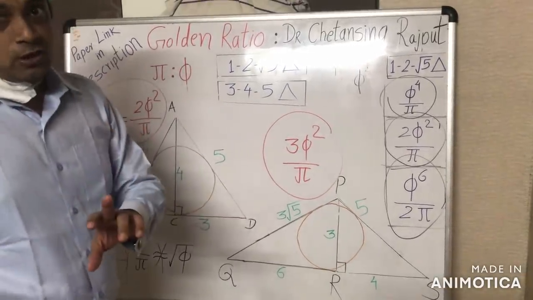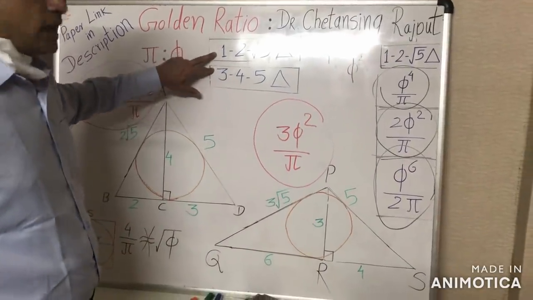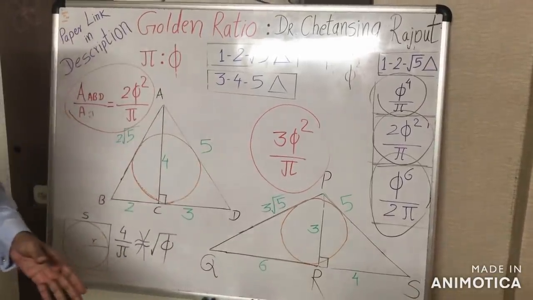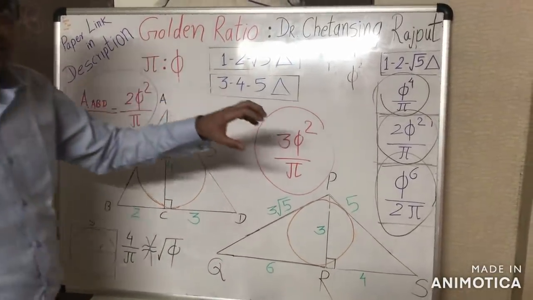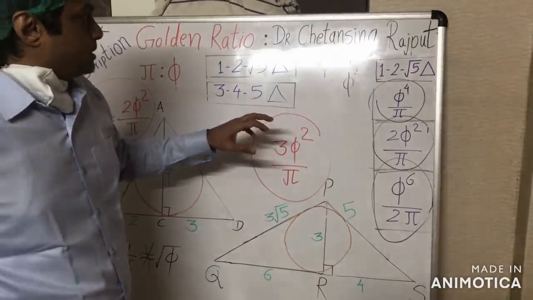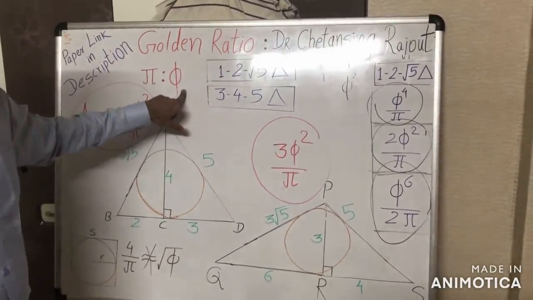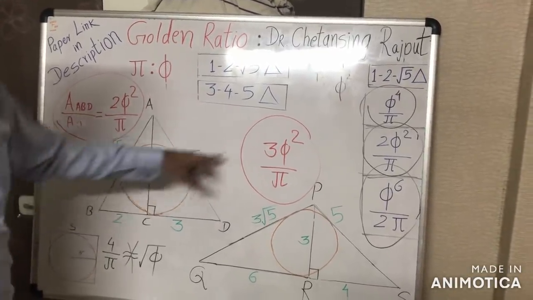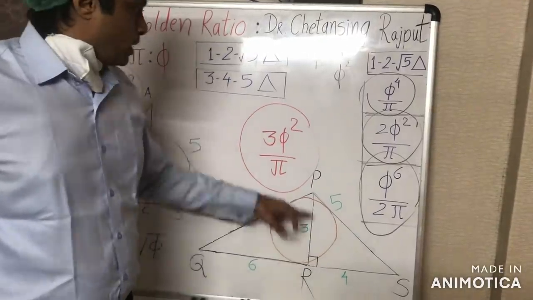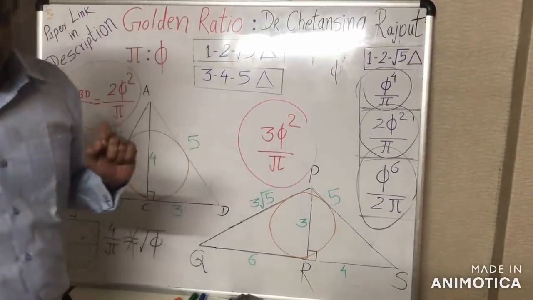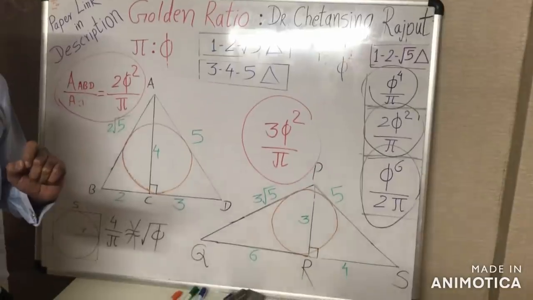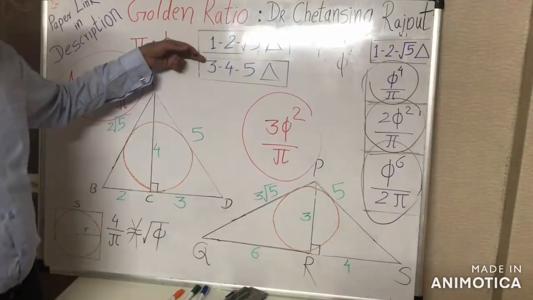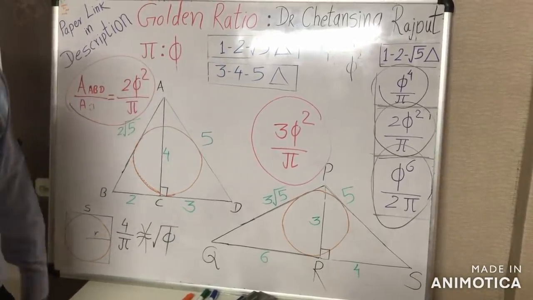As we have seen in the last part of our video, if these two triangles are connected along their common hypotenuse, their angles and their sides add up to reflect the precise value of the golden ratio. And if we connect these two triangles along their longer catheti or along their shorter catheti, they provide us precise pi-phi correlation. This finally authenticates the classical geometric relationship between these two right triangles.